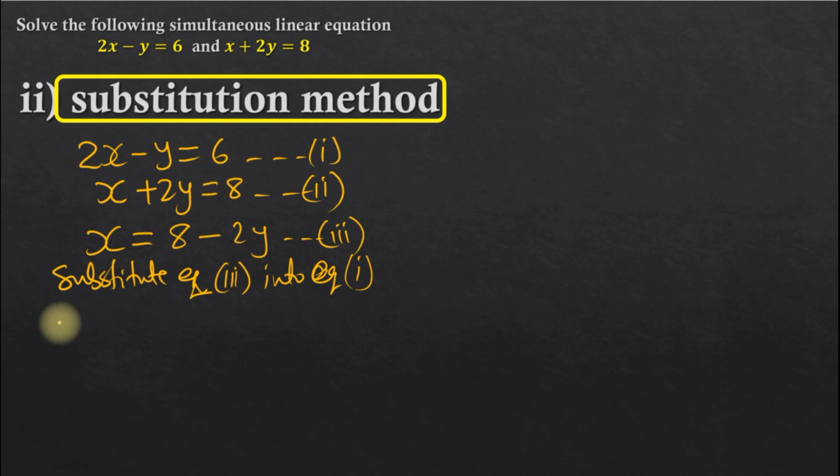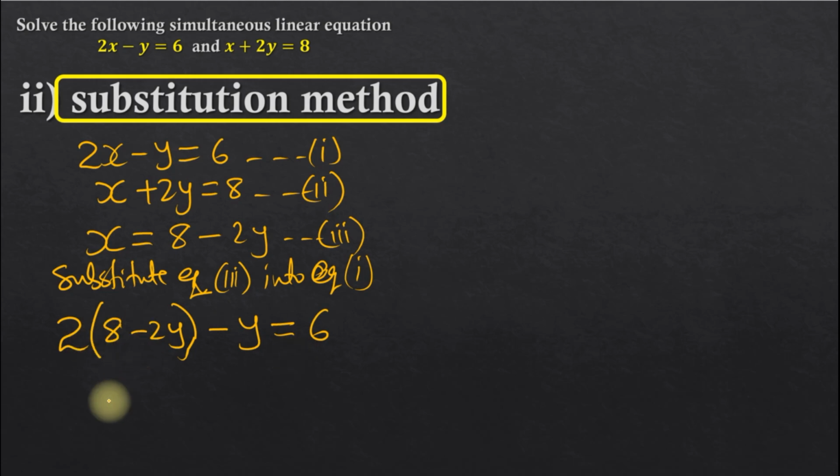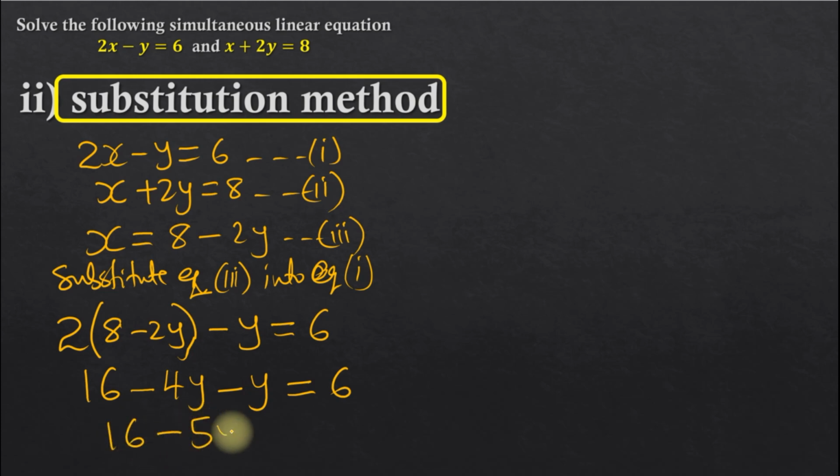So in equation 1, I have 2x, so let me substitute: where I have x, I substitute 8 minus 2y, then minus y is equal to 6. Then let me open the bracket. That will be 16 minus 4y minus y is equal to 6. This will be 16 minus 5y is equal to 6.